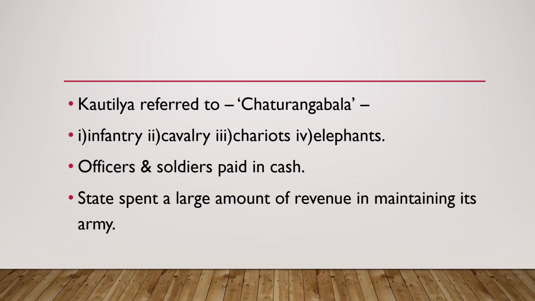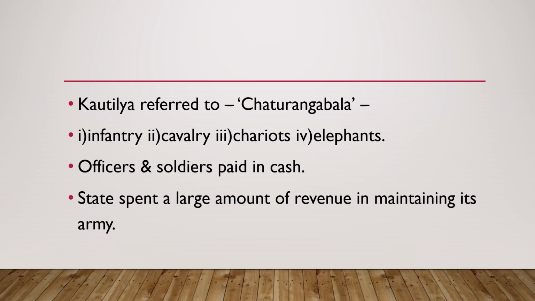Kautilya has referred to Chaturanga Bala, that is, 4 components of the army: infantry, cavalry, chariots, and elephants, each under a commander. Besides these, he also mentions medical services to the army, and we also know that the officers and soldiers were paid in cash.